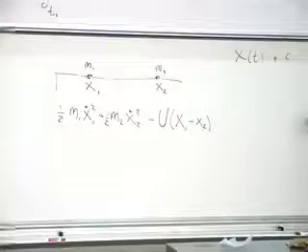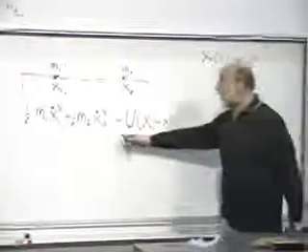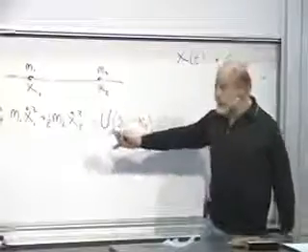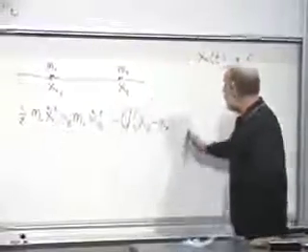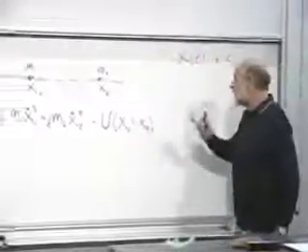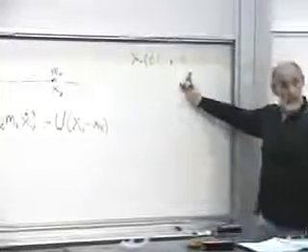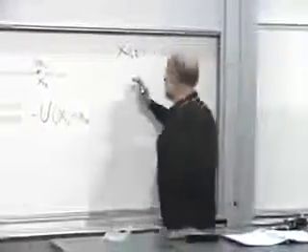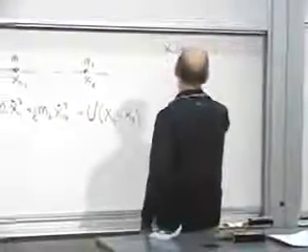That means that if we were to add the same constant to each x, nothing would change. The velocities wouldn't change because the velocity doesn't depend on c, and x1 minus x2 wouldn't change because the constant translation would cancel out. All right, so this is a symmetry. This is the case of translation symmetry.